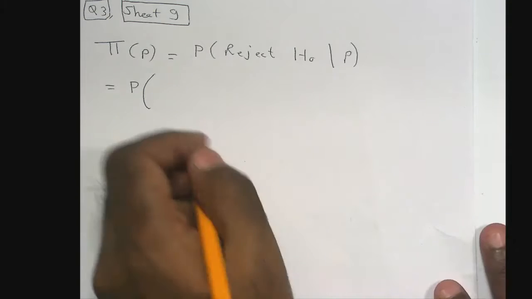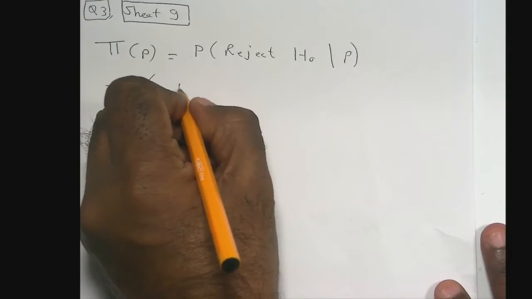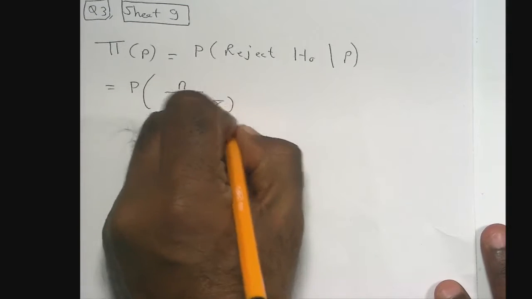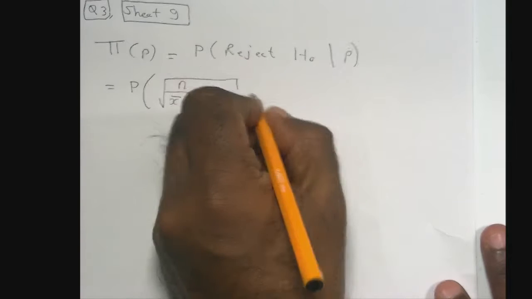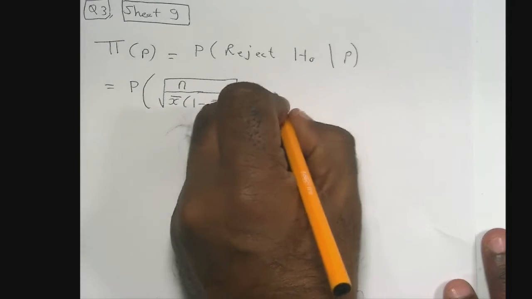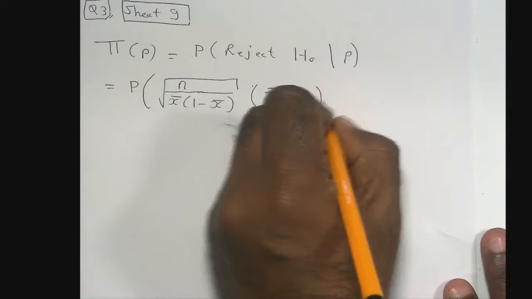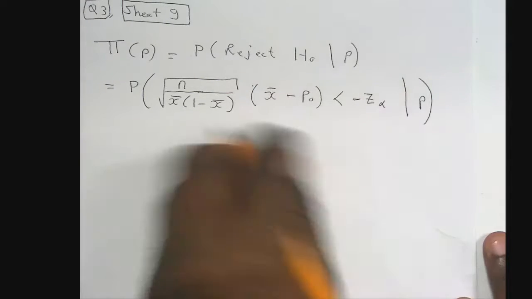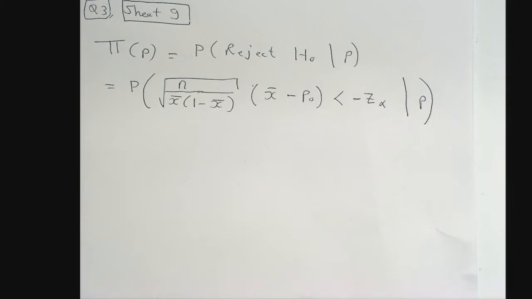It is root of n divided by root of x bar times 1 minus x bar, times x bar minus p0, less than minus Z alpha, given P. Is that right? This is the rule I gave you in the lecture notes, but there are other rules which I will talk about in the lecture today from 4 to 5.